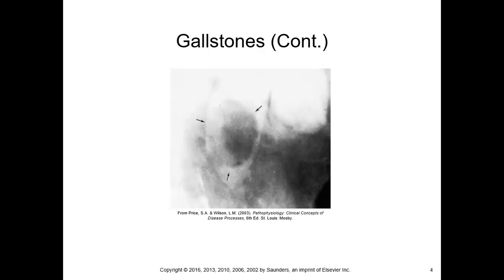Cholecystitis is the inflammation of the gallbladder wall. It's commonly caused by gallstones obstructing the cystic or common ducts. Bile flows from the gallbladder to the duodenum, and when blocked it causes bile to back up and the gallbladder to become inflamed.